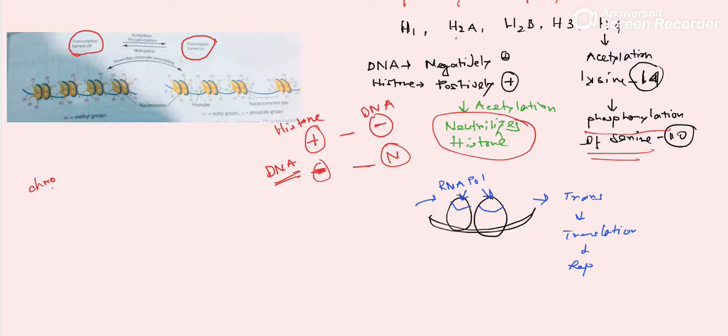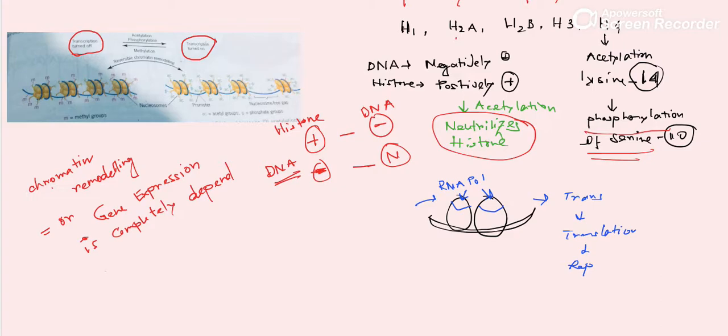So chromatin remodeling, or we can say gene expression, is completely dependent upon these two processes: one is acetylation and another is methylation.